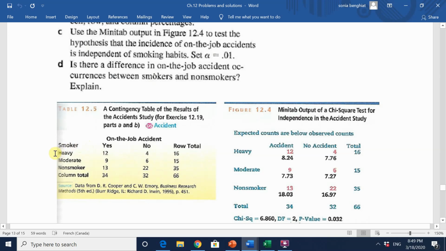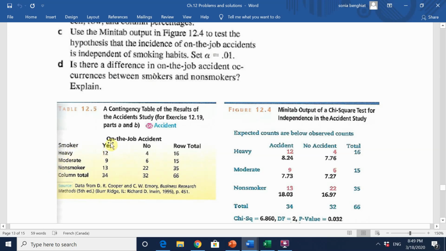So here we've got the first variable being smoker, and we've got 3 possible categories over here. We've got the values heavy, moderate, and non-smoker. These are the 3 possible categories for the variable smoker.